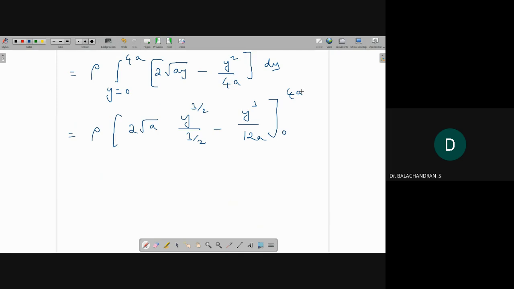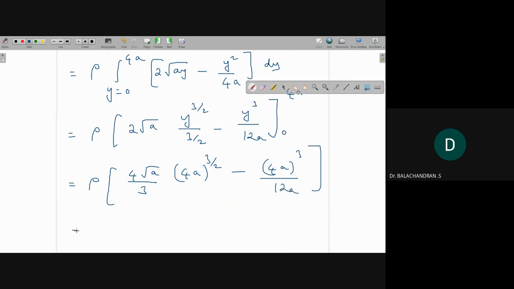If you substitute the limits, you will get rho into 2 into 2, 4 root a by 3 times 4a power 3 by 2, minus 4a cube by 12a. The lower limit is 0.